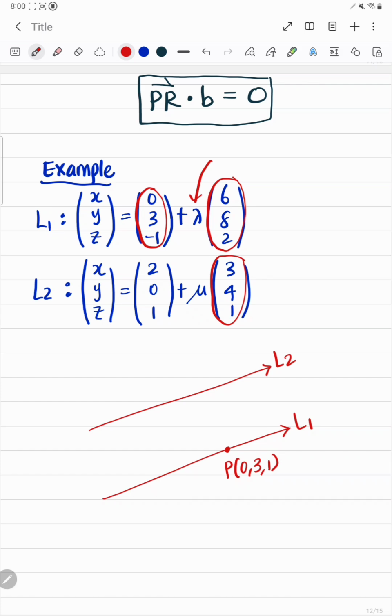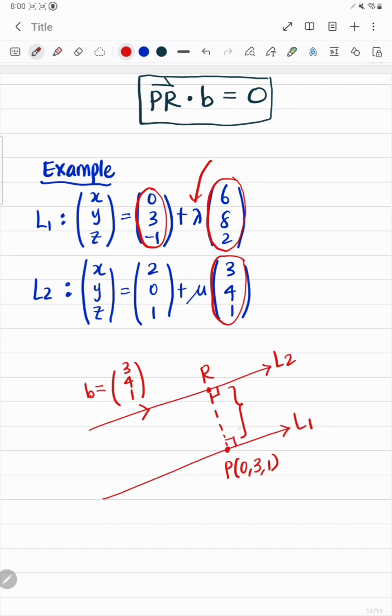And the next thing I need to label is the dotted line in the picture, and point R we don't know. We want to figure it out. Point R lies on line 2, and the direction of line 2 is (3, 4, 1). Let's call it B. PR, the dotted line, must be perpendicular to line 2, and the dotted line must also be perpendicular to line 1.